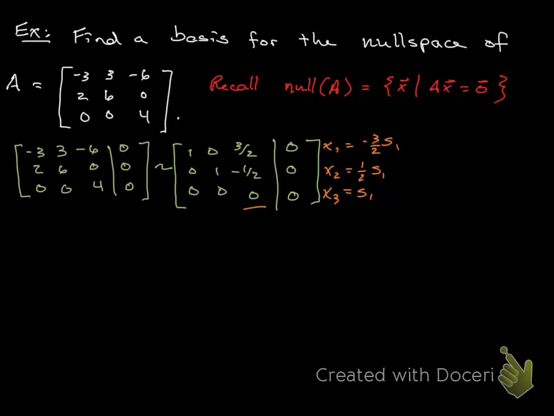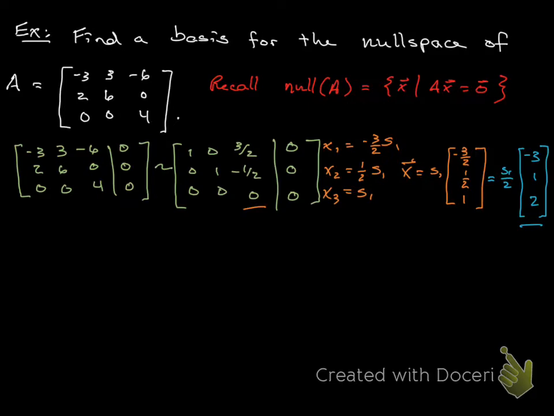So my solution vector is S1 times minus 3 halves, 1 half, and 1. What we typically do, again, we saw this with eigenvectors, is when I want to write this in its simplest form, I want to factor out a 1 half, divide S1 by 2, and that's the same as having minus 3, 1, and 2 as my null space vector.